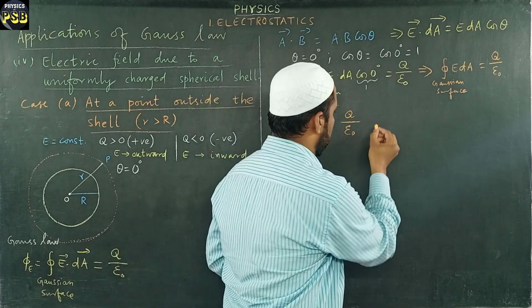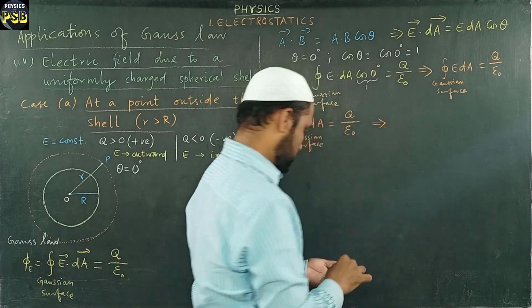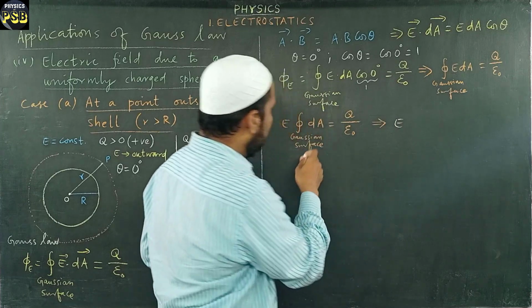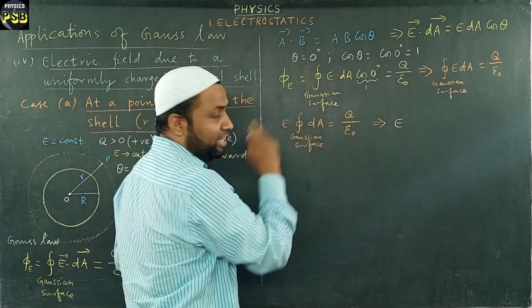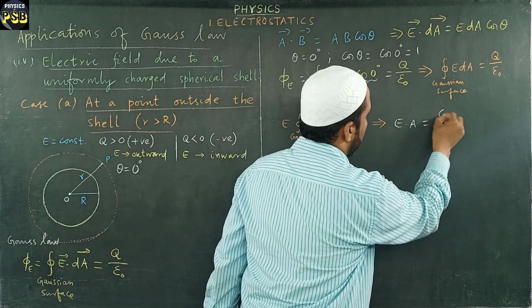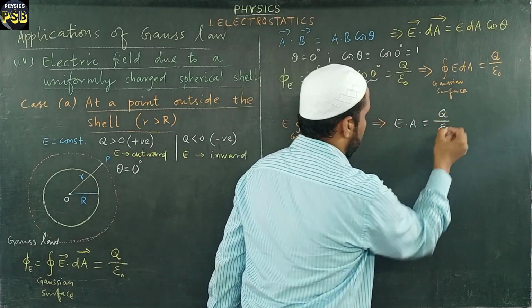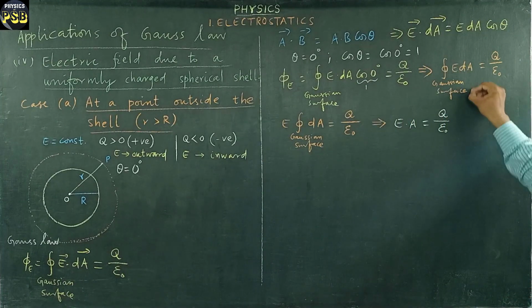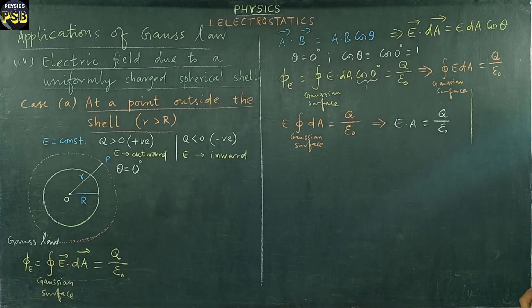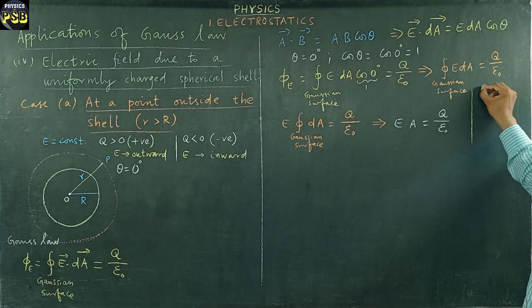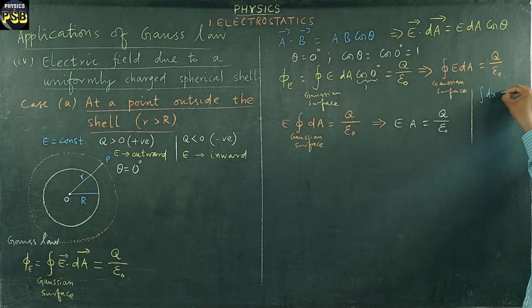Okay, then I write it this way. Here, integral of dA is written as A, equals Q upon epsilon naught. Now, let me tell you why I have written A in the place of integral of dA. We know integral of dx is x.